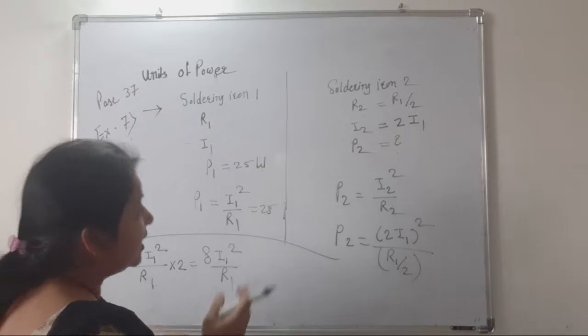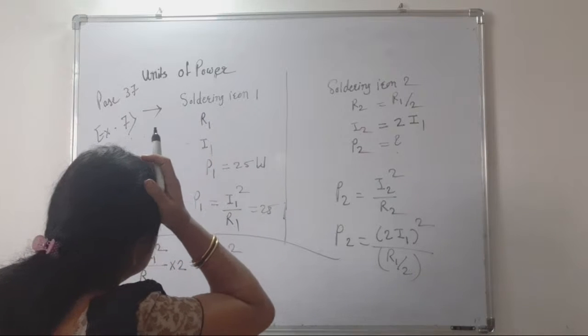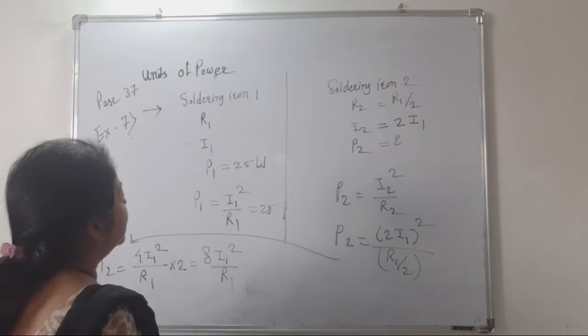I square R. I square R. What is the formula?